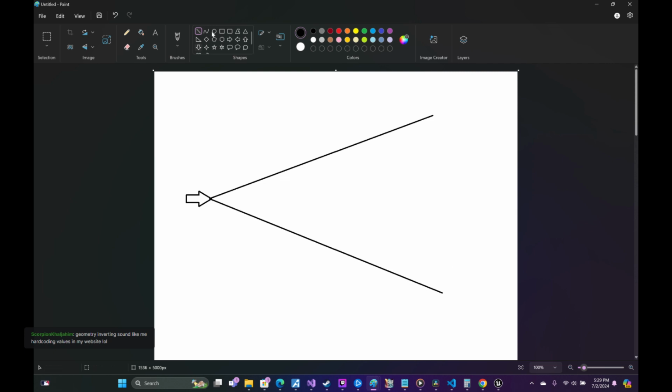So the idea is we can create a plane, a highly subdivided plane, and lock it to our camera such that in our view, that plane would span our entire view, right? We're not going to highly subdivide it because that's too much work in Paint.